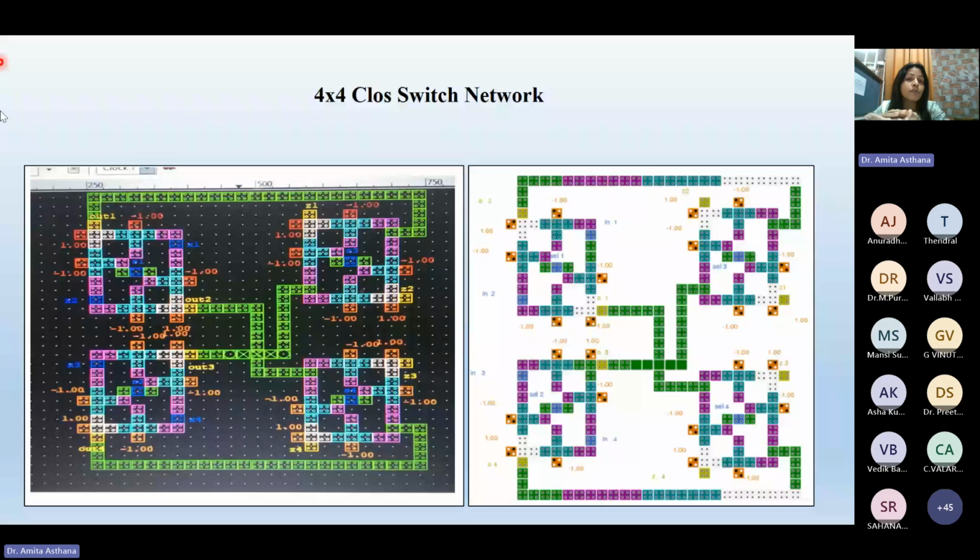Now this 4x4 can be extended to 8x8, then 16x16 and so on, and we can design in powers of 2. The number of users can be increased at both the input and output sides.